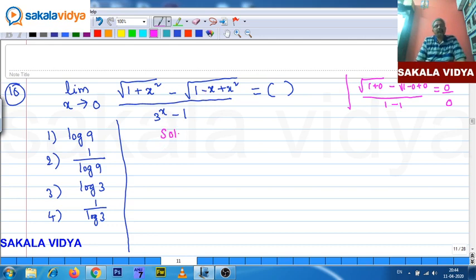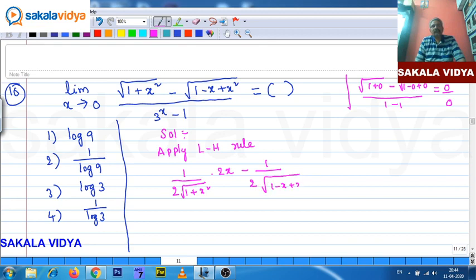Solution. Apply L'Hospital's rule. Root of 1 plus x square derivative is 1 by 2 root of 1 plus x square into 1 plus x square differentiation is 2x, minus 1 by 2 root of 1 minus x plus x square, its differentiation is minus 1 plus 2x, upon 3 power x differentiation is 3 power x log 3 and minus 1 differentiation is 0.